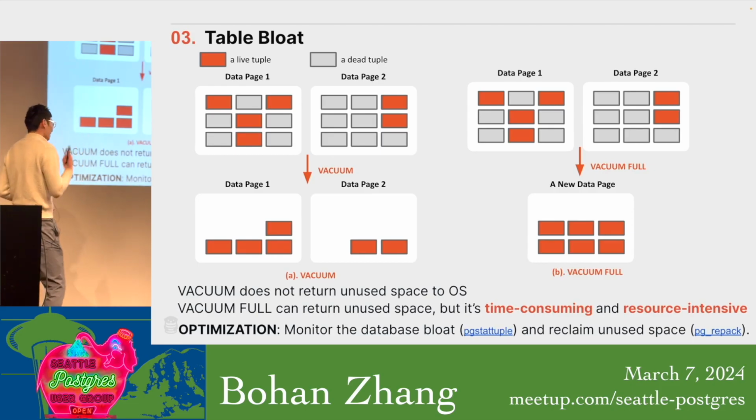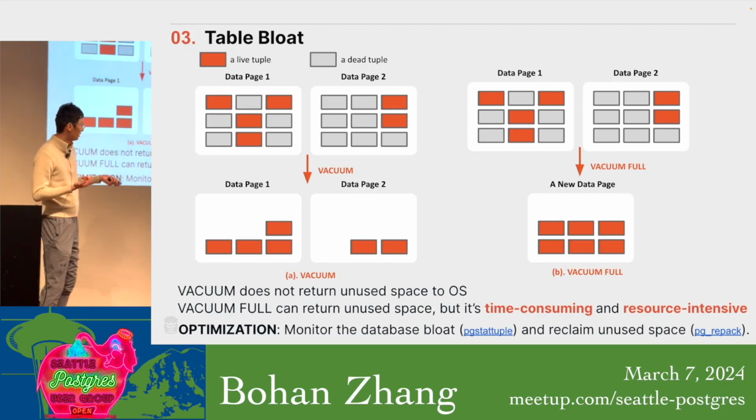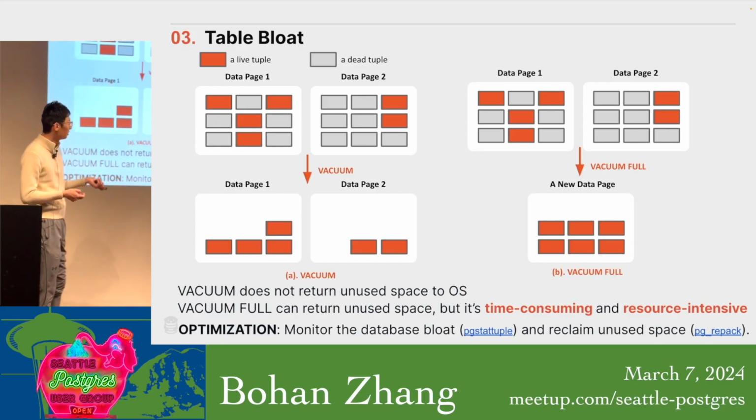So for this, we should monitor the database bloat using some statistics. For example, I think there is an extension called pgstattuple, so we can get the bloat ratio for the tables. We should continuously monitor the table bloat. And if the table bloat is large, which means there are too many dead tuples in the table, we want to reclaim unused space using vacuum full.